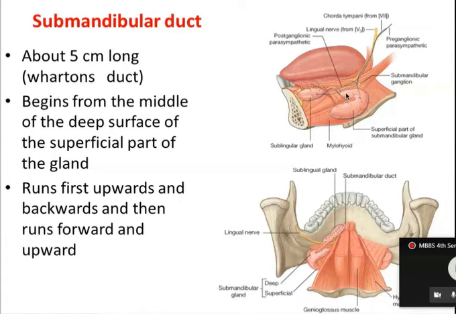So upward, backward, forward and again upward is the course of the Wharton's duct, which carries the secretion of the submandibular salivary gland. So this is the Wharton's duct which carries and pours its contents into the floor of the mouth.